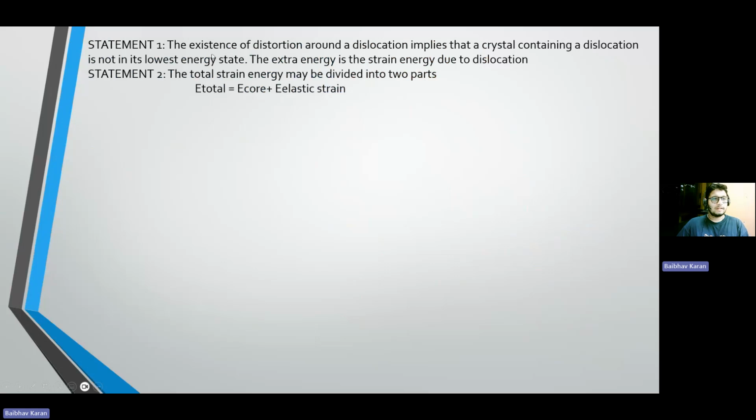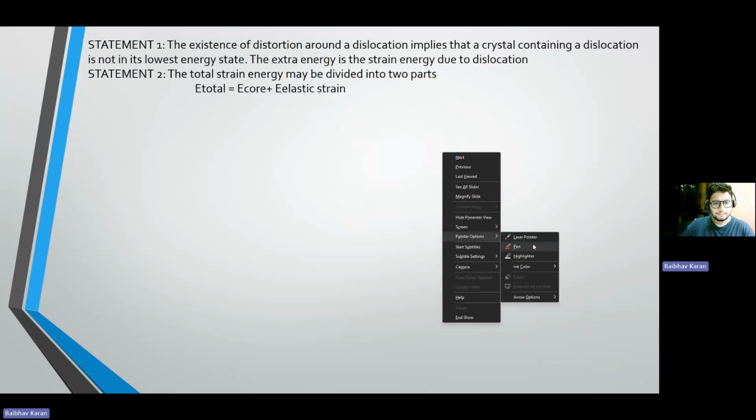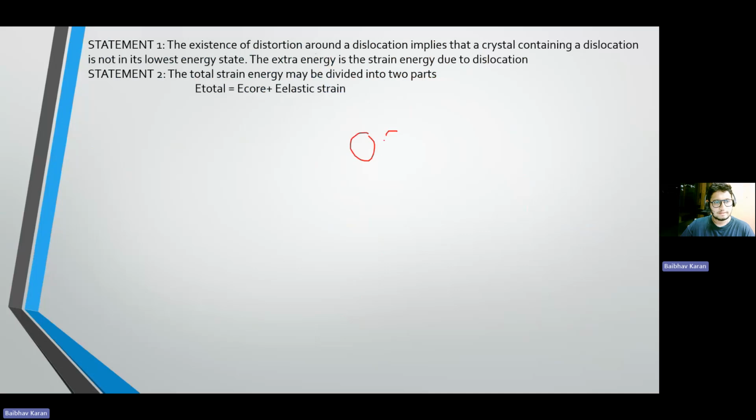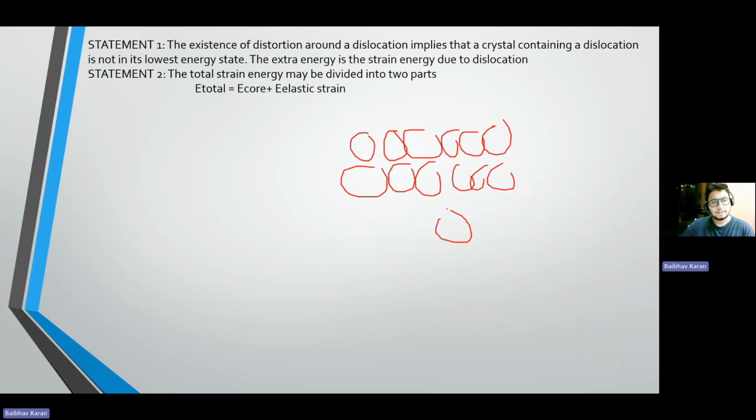The existence of distortion around a dislocation implies that a crystal containing a dislocation is not at the lowest energy state. The extra energy of the strain is due to the dislocation. Of course, as I mentioned, let's suppose there is an edge dislocation, as I showed you in the video. This is a normal crystal where the bonds are regular, but if there is an edge dislocation, what is happening?